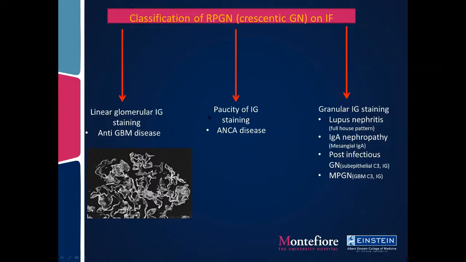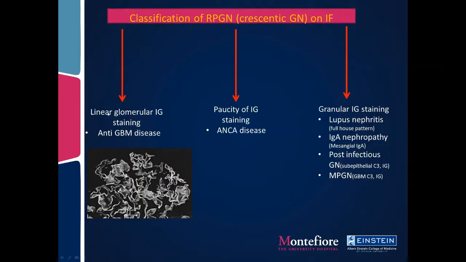So on immunofluorescence, you can really see three patterns of staining on immunofluorescence microscopy. Either you can see linear staining of IgG in the glomerular capillary walls. I have a better picture, a colored picture, but this one is just showing linear staining, and that is what you see with anti-GBM disease. The other side of things, you see granular staining of IgG.